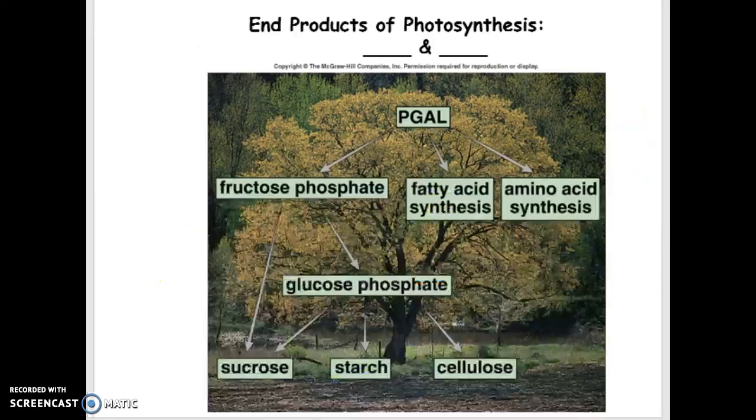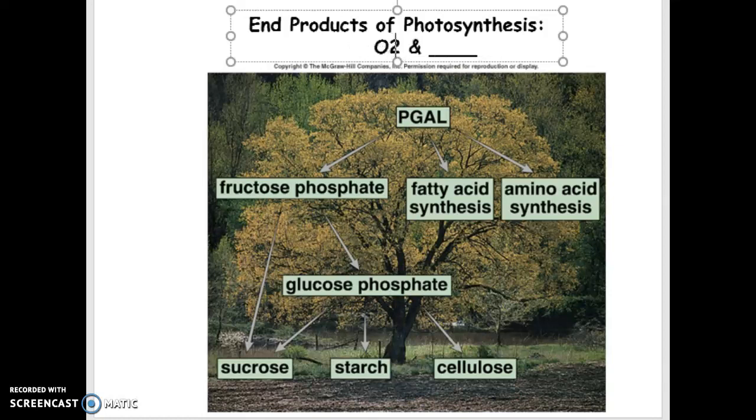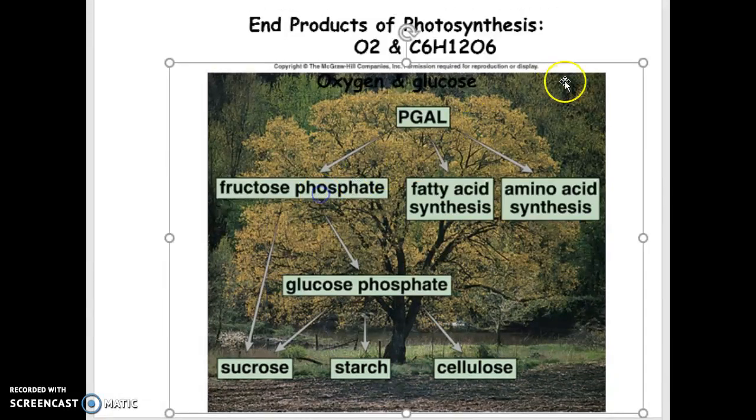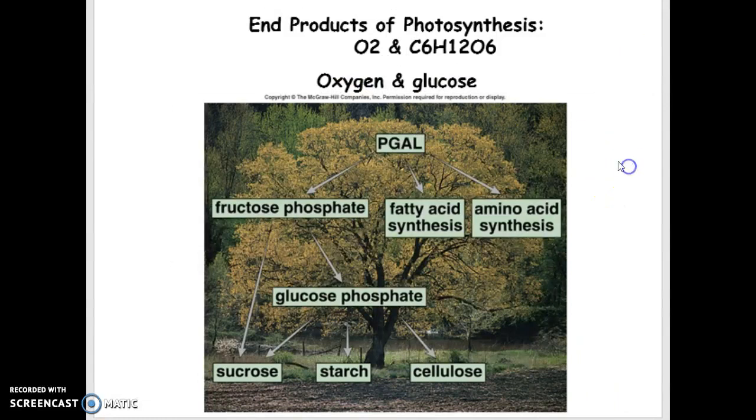Okay, so the ultimate end products of photosynthesis are oxygen and C6H12O6. Oxygen and glucose. Those are the end products. Now the oxygen will diffuse out of the cell, out of the plant, goes into the atmosphere. We're breathing it right now and using it on a daily basis.